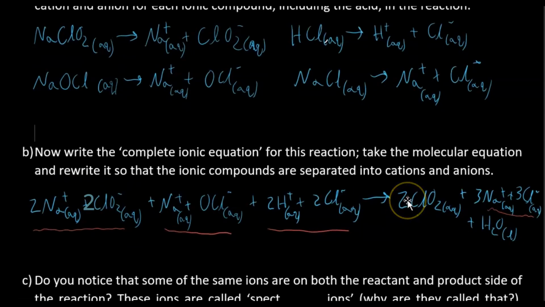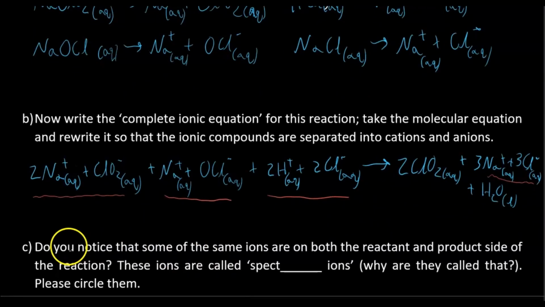Now there's something called the net ionic equation. If we notice that we have some of the same ions on both sides, the reactants and the products. So we have sodium on this side, and we have chloride on this side, and same thing on the product side. We also have a sodium and chloride here too. So we can cancel these out.